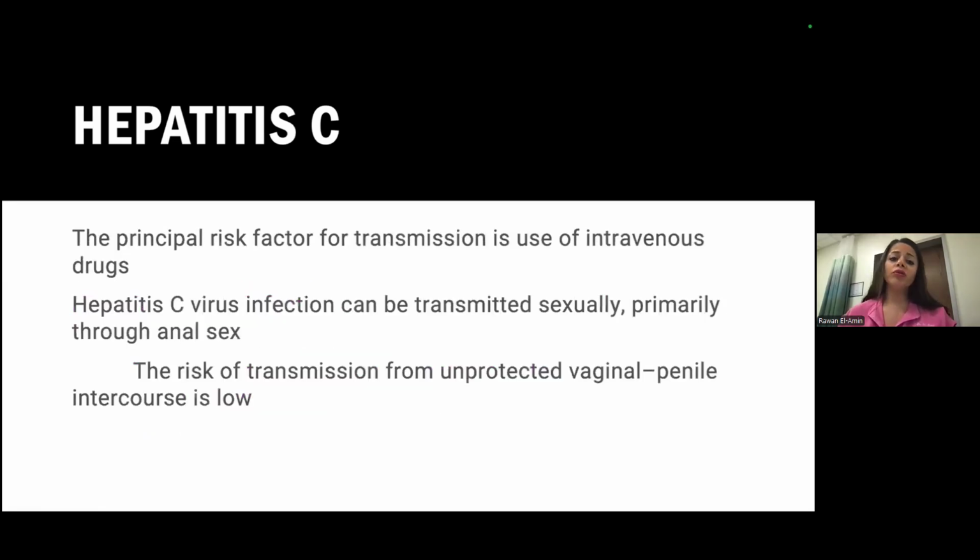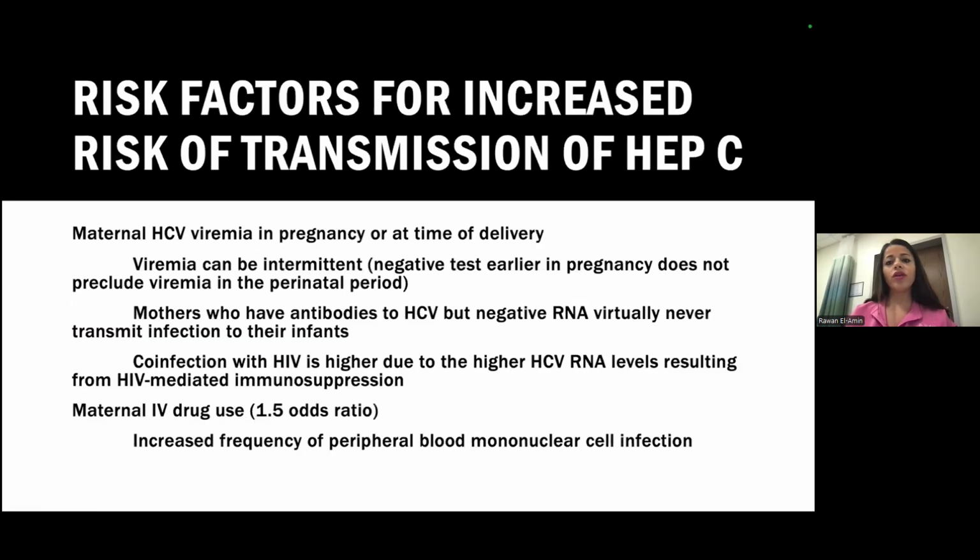So the principal risk factor for transmission is IV drug use and sexually. And what are the risk factors that could increase the risk of transmission? Well, we look at maternal viremia or the RNA viral load in pregnancy and at the time of delivery. And unfortunately, viremia can be intermittent. So if somebody tested negative earlier in pregnancy, they can test positive. So they get tested multiple times throughout pregnancy.